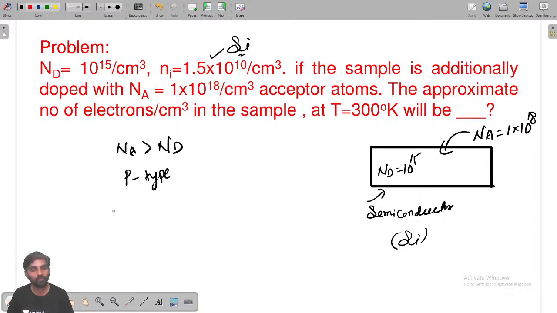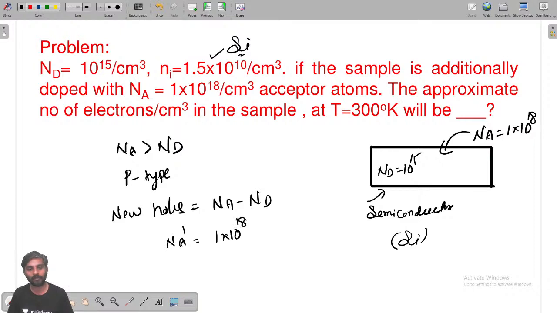So what is the new hole concentration? It is going to be Na minus ND. I can call this Na dash, which is 1 into 10 to the power of 18 minus ND, which is 10 to the power of 15.